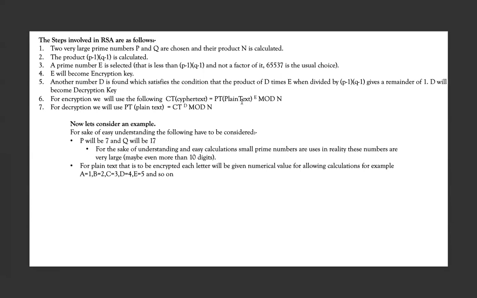Plain text raised to the power of the encryption key, and take the mod n. The result will be my ciphertext. This is my formula for finding the ciphertext from my plain text. Remember that we calculated n in the first step, and E is my encryption key.